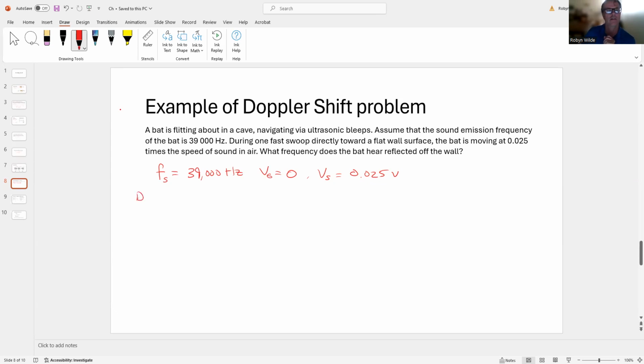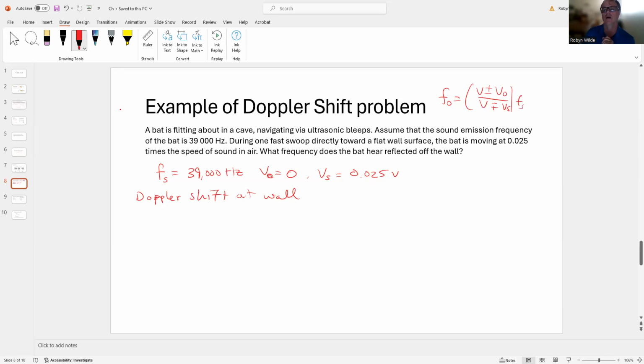So what I want to get is the Doppler shift at the wall. This is a case of the observer not moving, but we can use our general equation, which I'm going to put up here: (v plus or minus vO) over (v minus or plus vS) times fS.